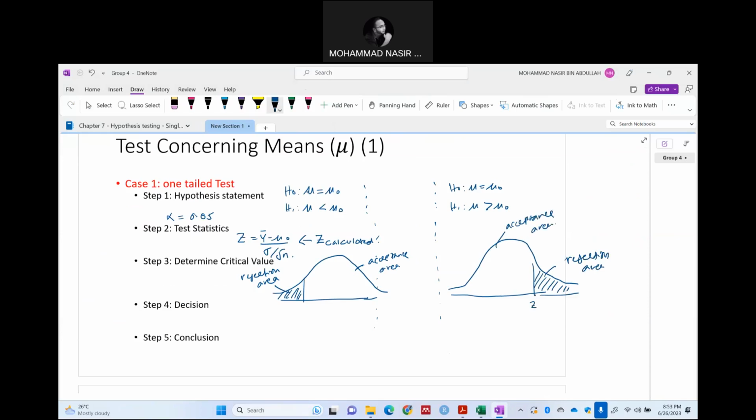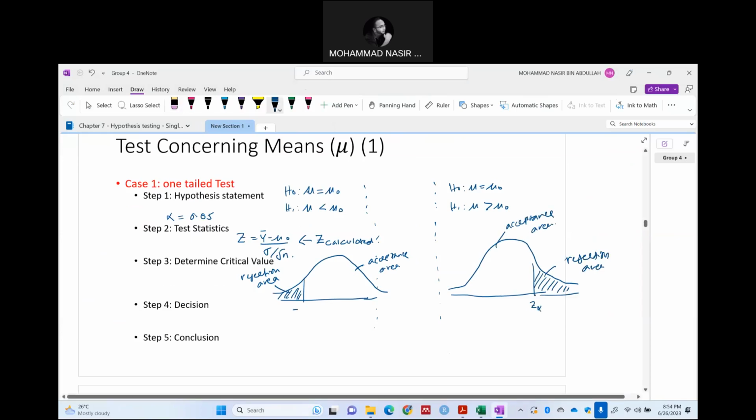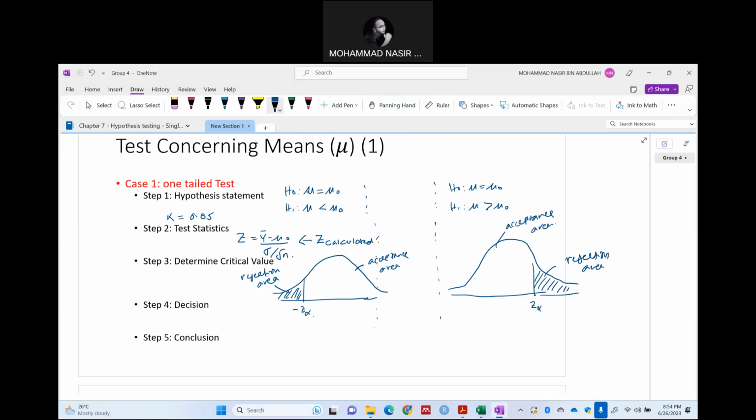This is Z alpha and this is negative Z alpha, known as the critical value.